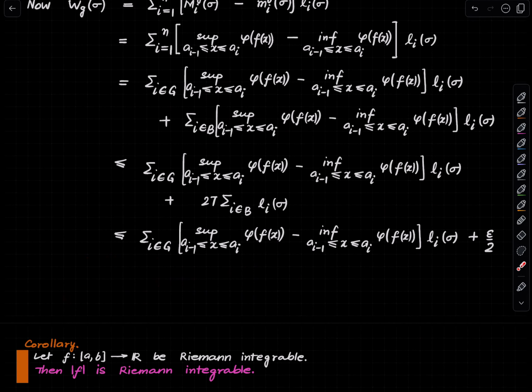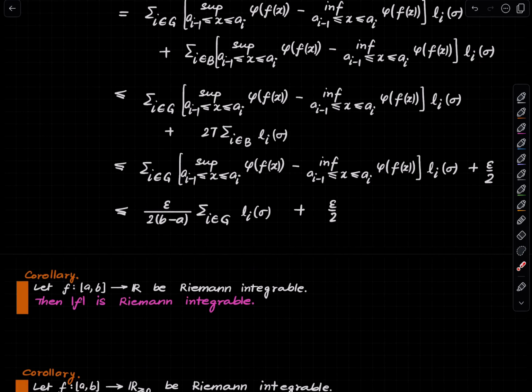So since we are running over the good parts, we can estimate this also. So this is less than or equal to epsilon by twice of (b minus a) times the sum of L_i sigma, plus epsilon by 2. And here again, we can just pull this out, and the length of the good parts is at most b minus a.